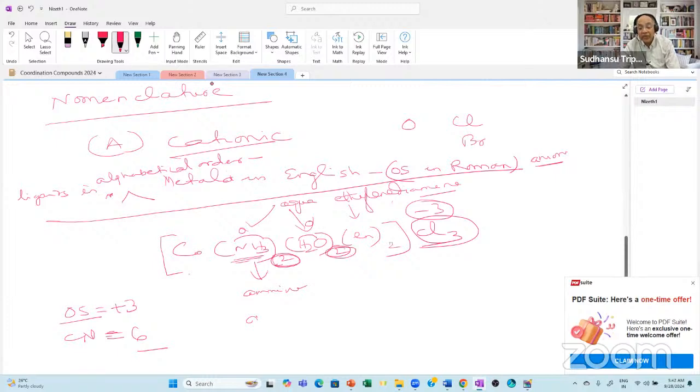If it had been 2, then it would have been bis, because ethylene diamine contains di. Therefore, it becomes a complicated ligand. We can't call it a complex ligand as we did in organic, because the coordination compounds are funnily called complex compounds from time immemorial, so we will not use the term complex for the ligand type.